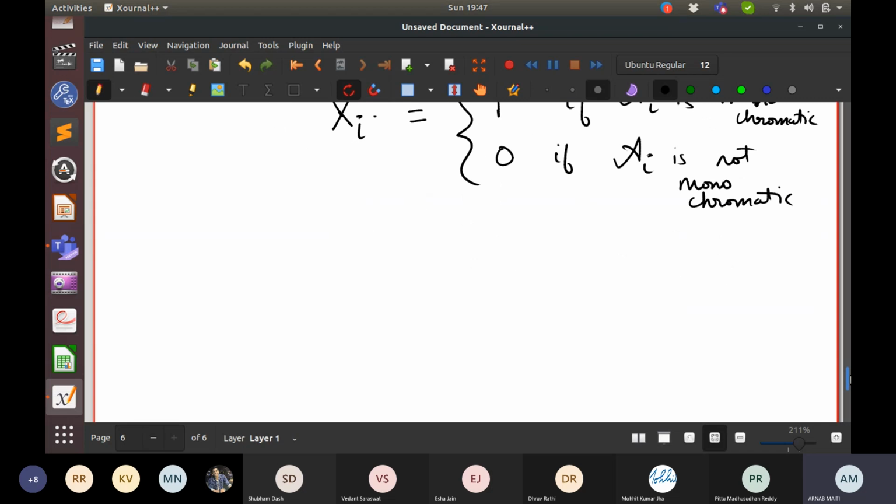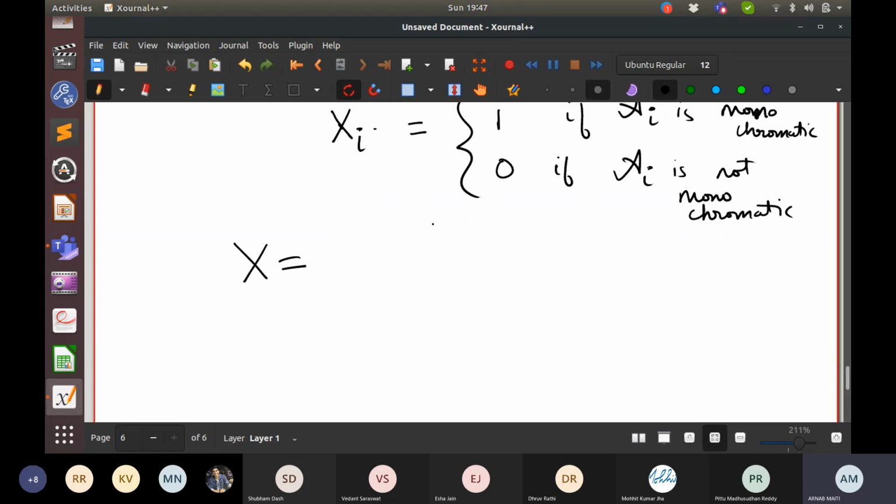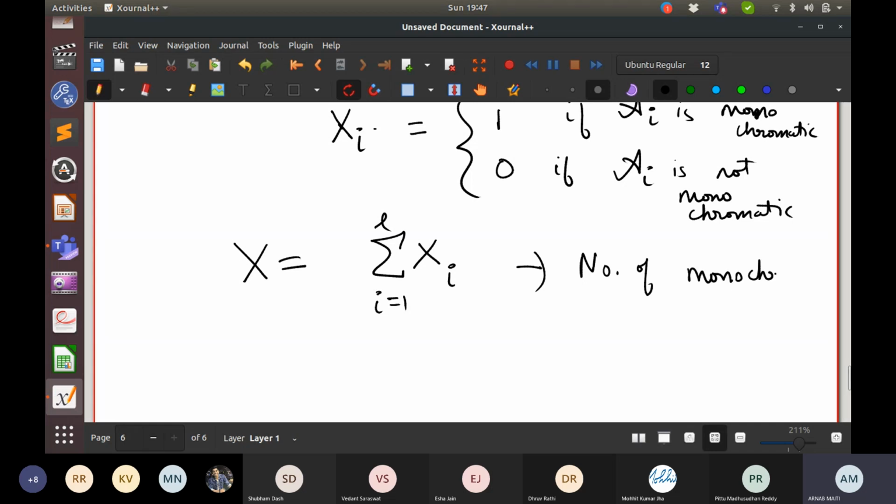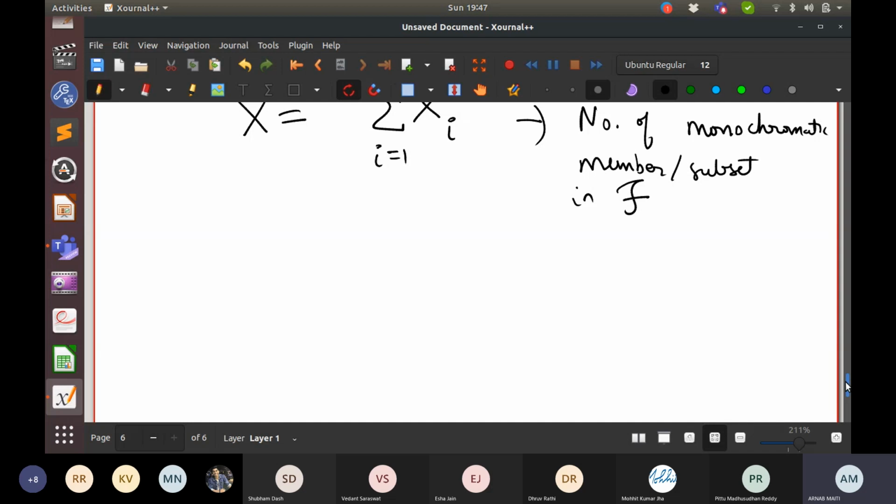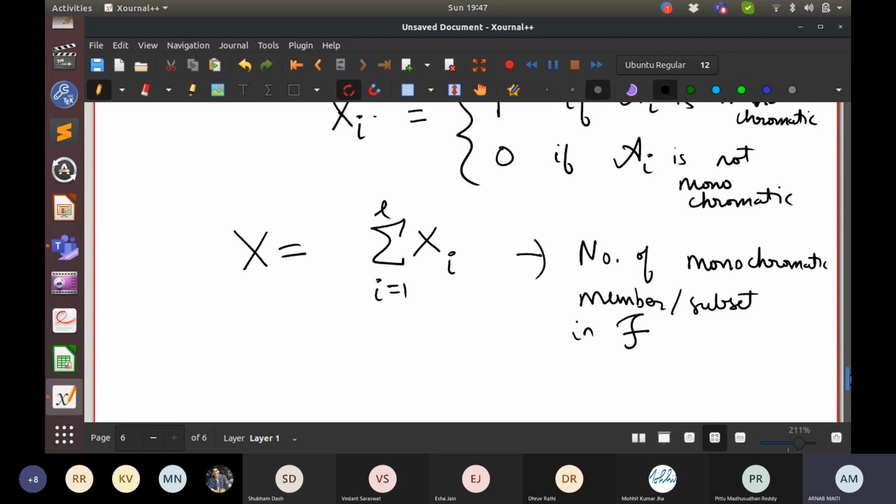And then obviously x equals the summation from i equal to 1 to L of xi. So this will give me the number of monochromatic members, or subsets, in F.